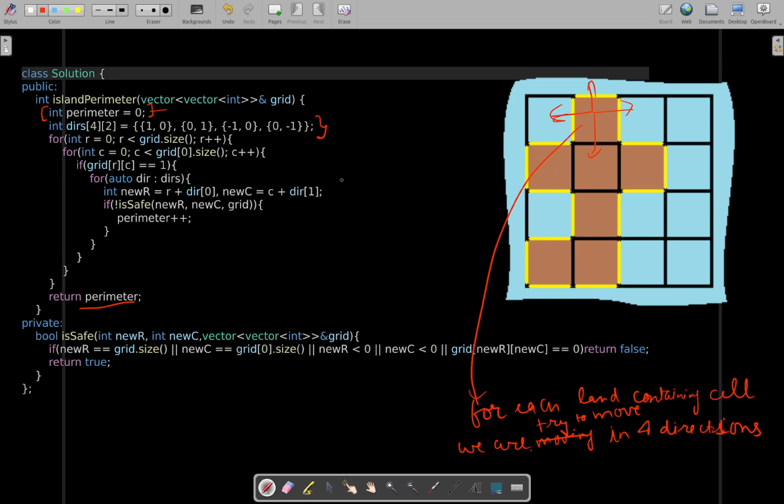Whether those were exact coordinates or not is a different matter, but I hope you got the idea how we are moving here. Then we will do a quick check for the land containing cells.